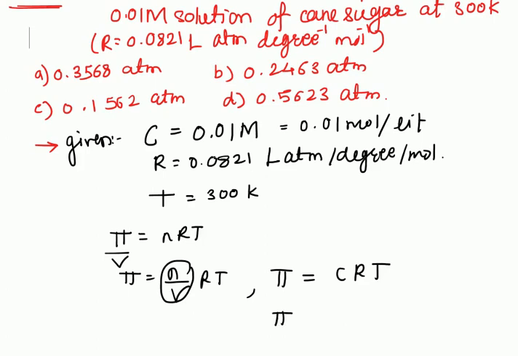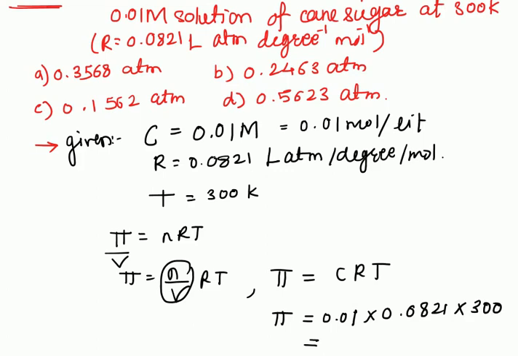Pi, the osmotic pressure, is what we have to calculate. Put in the values of concentration, R and T. So we get 0.01 molar into 0.0821 into temperature 300 Kelvin.